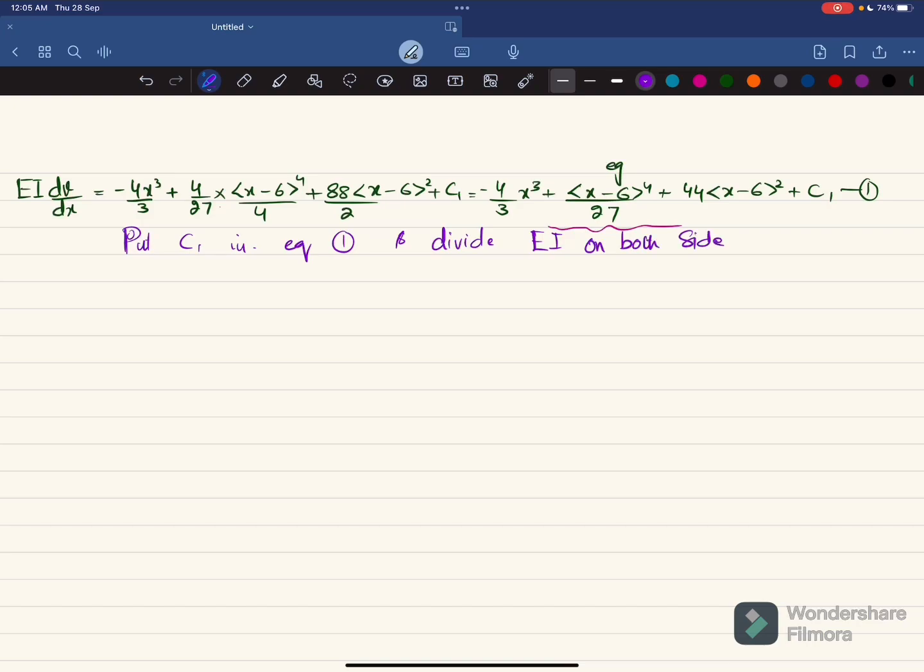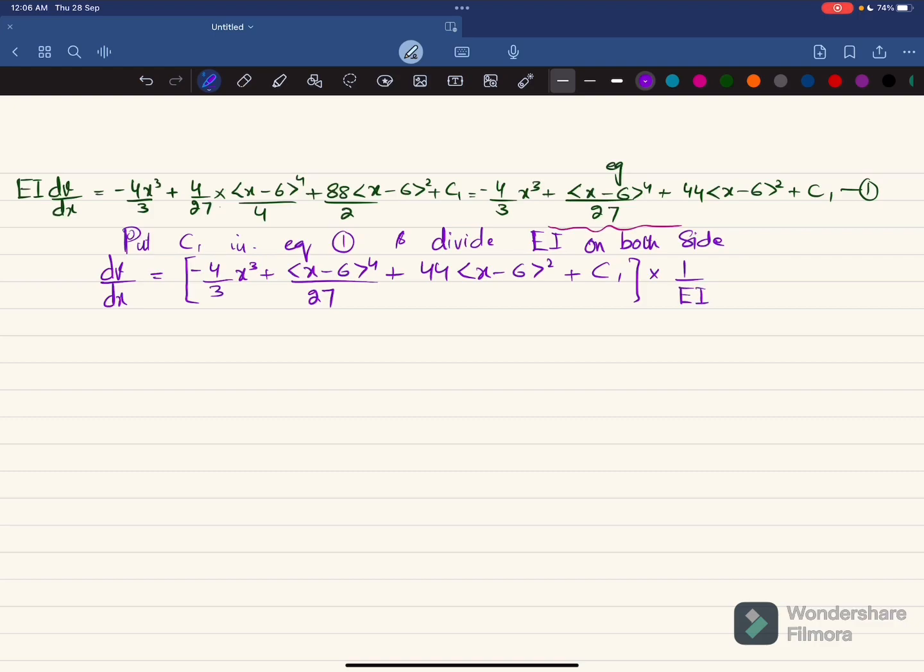You will get dV over dx is equal to minus 4 over 3 into x cube plus x minus 6 power 4 divided by 27 plus 44 into x minus 6 power 2 plus C1, and it is wholly multiplied with 1 over EI.